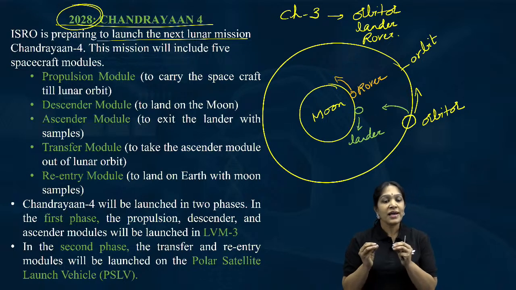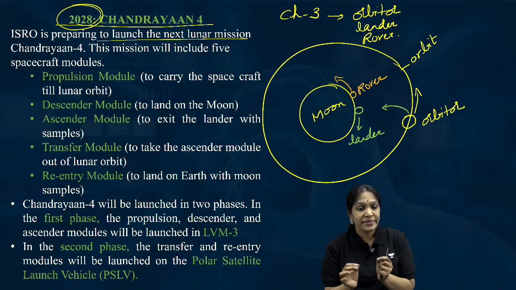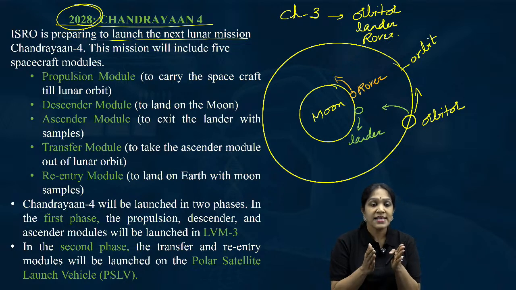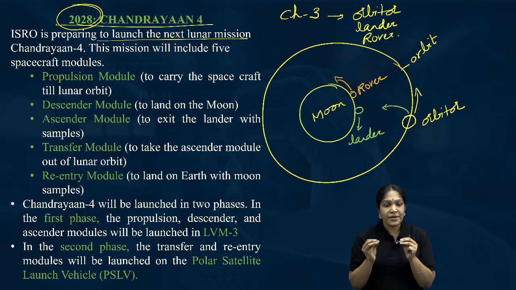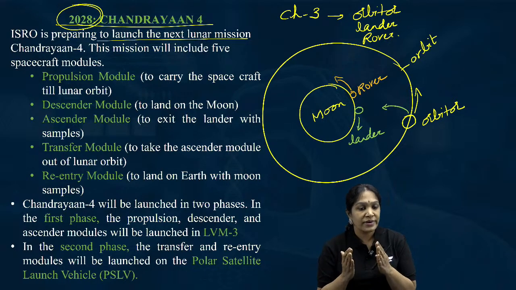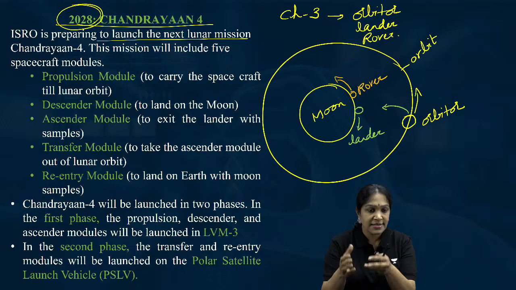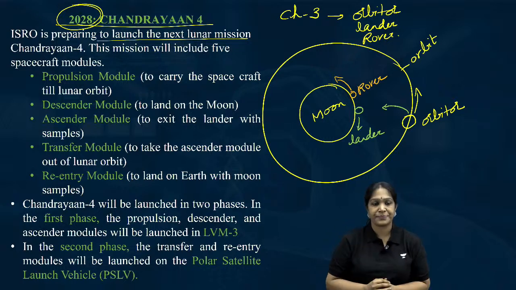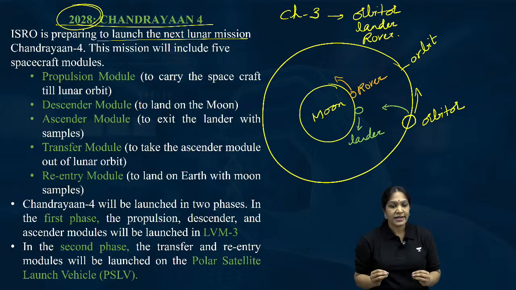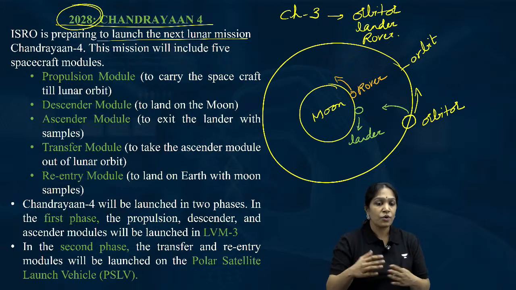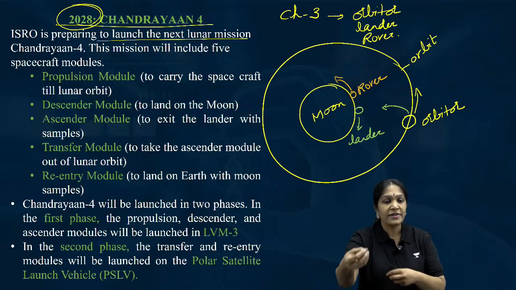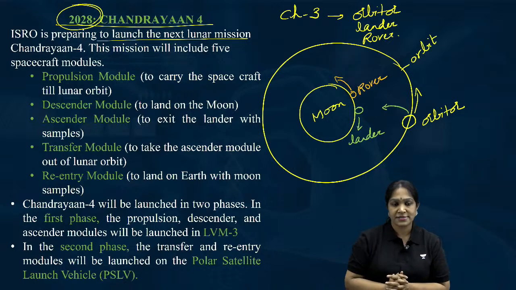Because if you collect the sample only from the landing site, the sample may not be perfect. Do you agree with this? If we collect the lunar sample only from the site of the landing, the sample may not be perfect. So we have to collect the sample from different places on the moon. So the rover will walk on the moon and will collect the samples from different places.